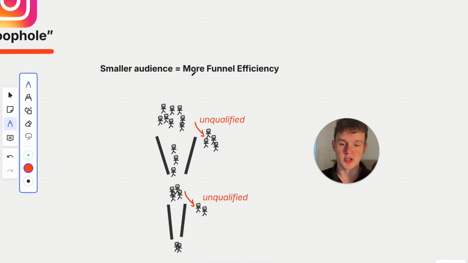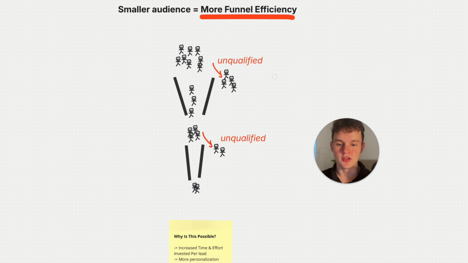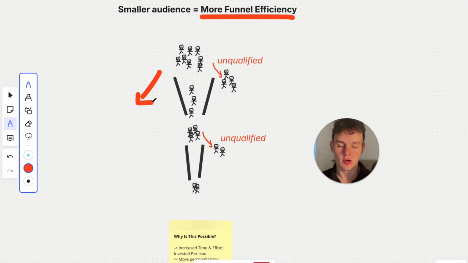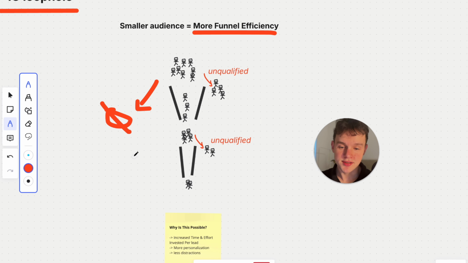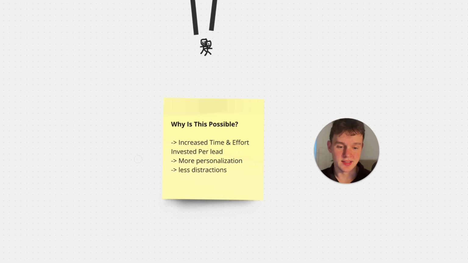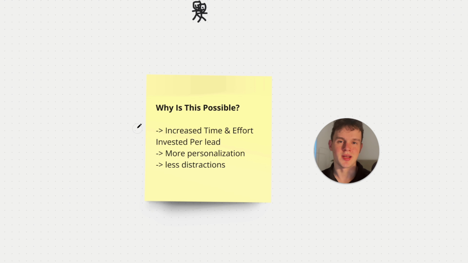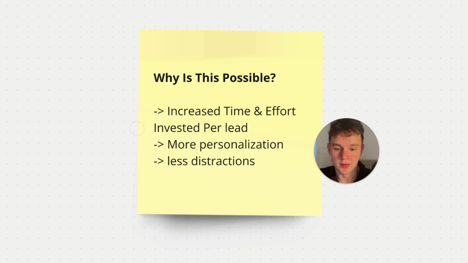Here you have the opportunity for more funnel efficiency because you can focus more of your time per client, and you can forego losing qualified people. So here you will just have no one being lost, and this obviously represents an almost 100% funnel efficiency. Now, why exactly is this possible? Again, it's because you have increased time and effort invested per lead, therefore making it less likely that you just randomly lose them.